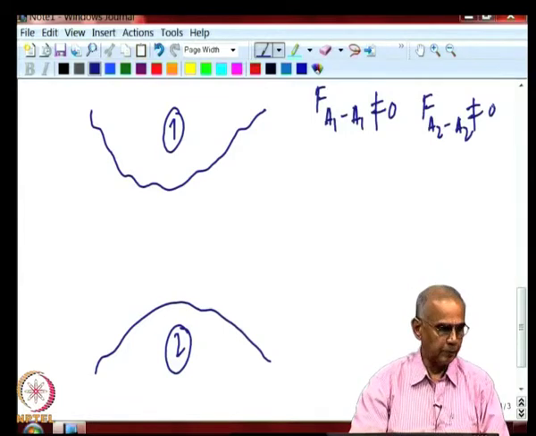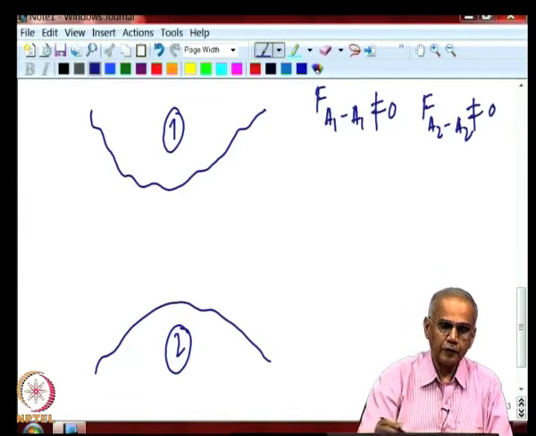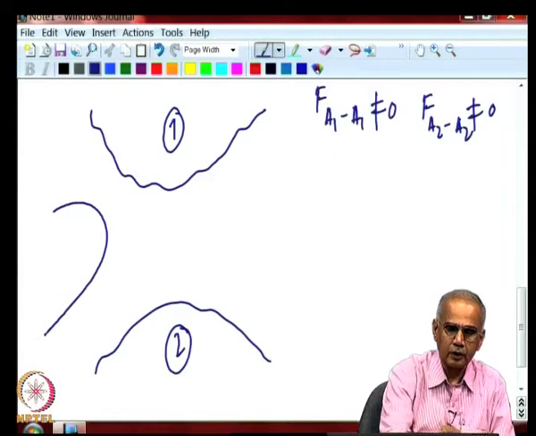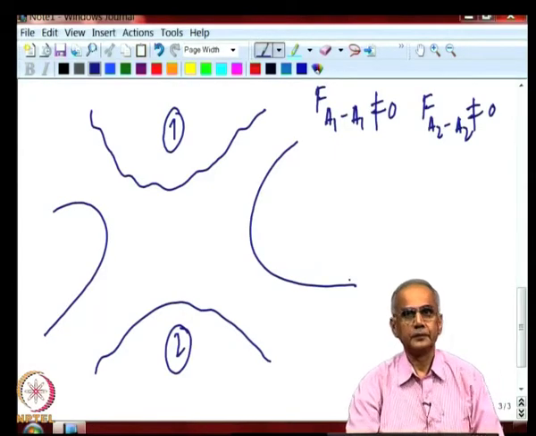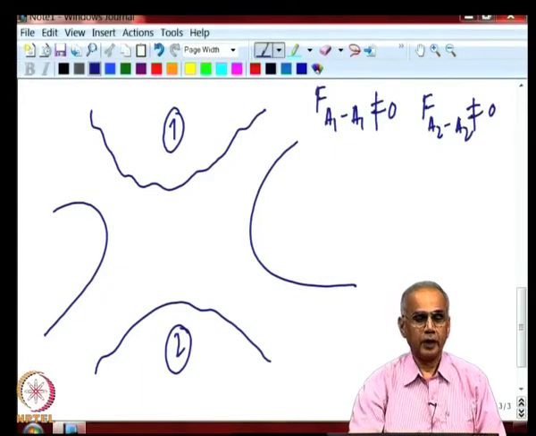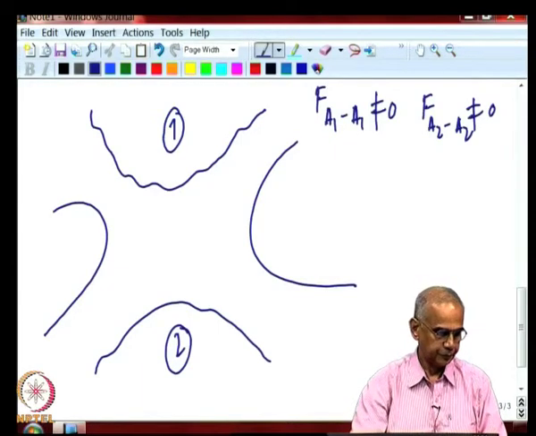So, how do we tackle this problem? And if you are unlucky, there could be other surfaces intruding into this space and making our life somewhat more difficult.